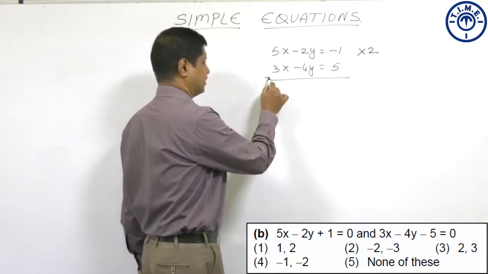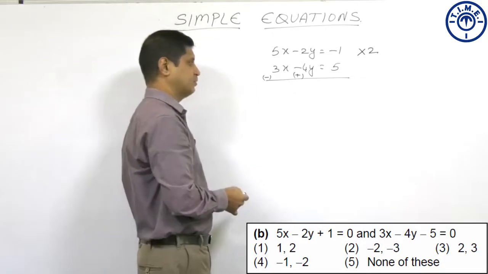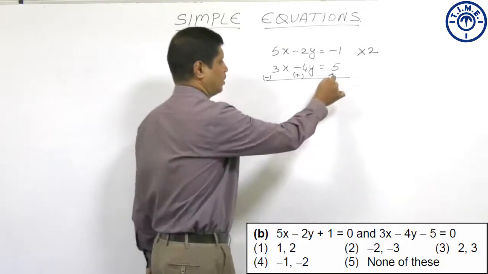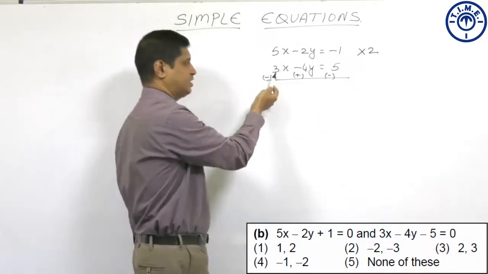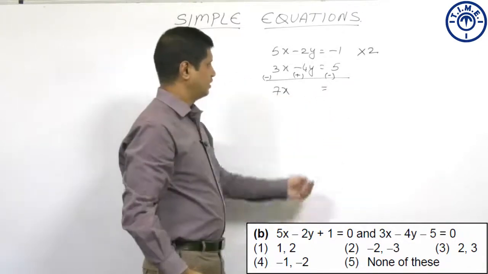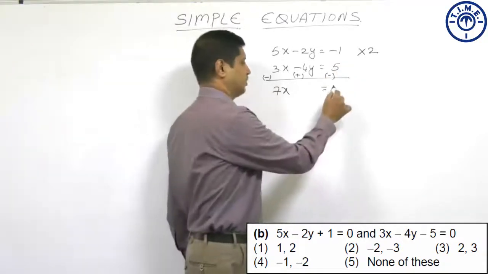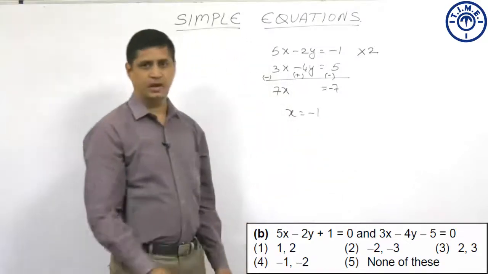What is the result? Now these values will become minus 3x plus 4y is equal to minus 5. Now 5 into 2 is 10, 10 minus 3 is 7x. Whereas here minus 2 minus 5 is minus 7. The value of x is minus 1.